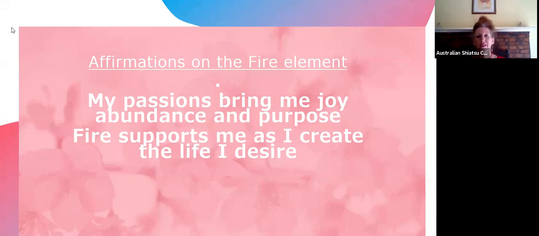I'd really like us to think about our passion, and particularly our passion bringing us joy and an abundance of that joy, and helping to focus with our purpose. If we start with our hands together at the heart center, focusing on our passion, and our passions bringing us joy, an abundance of that joy and purpose.